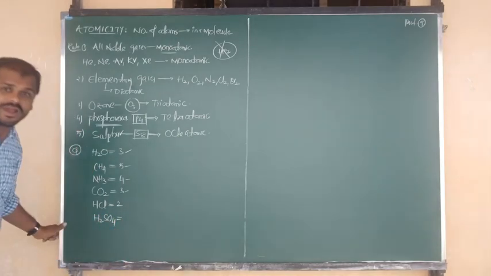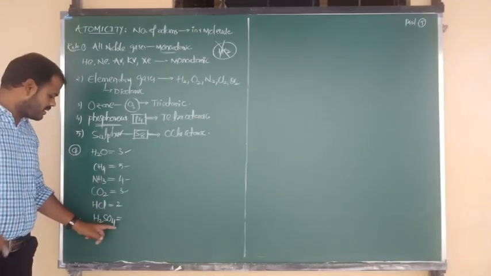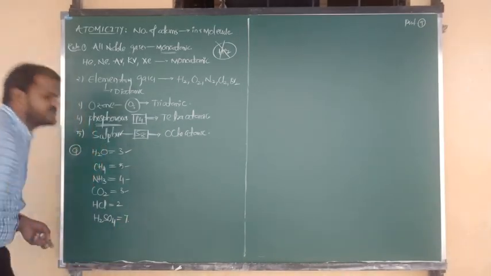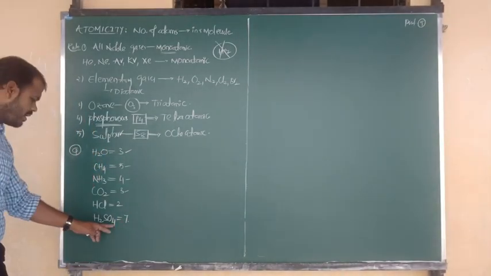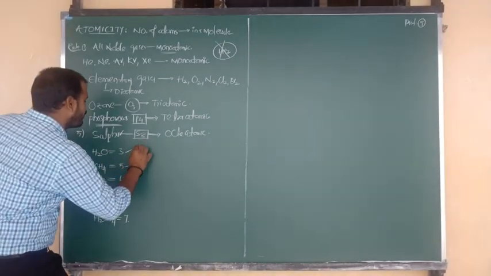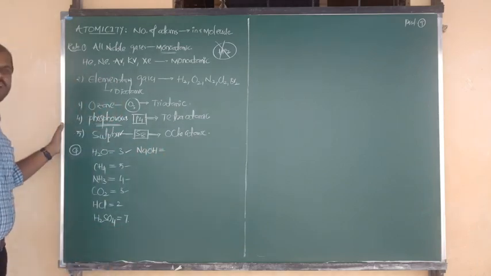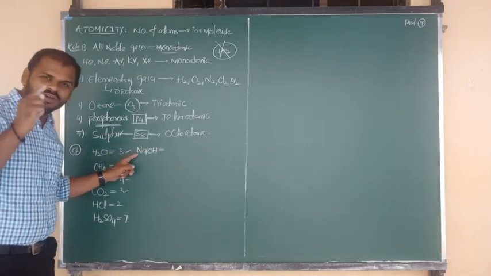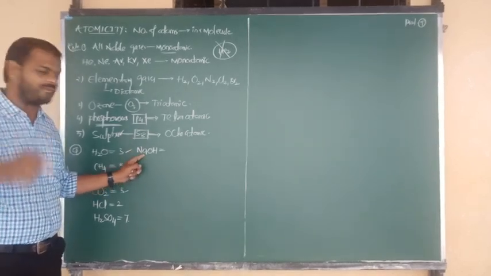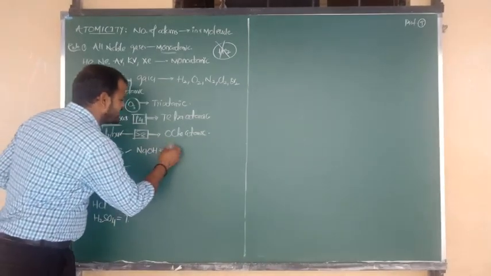Find the atomicity: 2 hydrogen, 1 sulfur, 4 oxygen, 4 plus 1 is 5, 5 plus 2 is 7, total atomicity 7, heptaatomic. Clear? Next is NaOH, sodium hydroxide: 1 sodium atom, 1 oxygen and 1 hydrogen. Atomicity is 3.